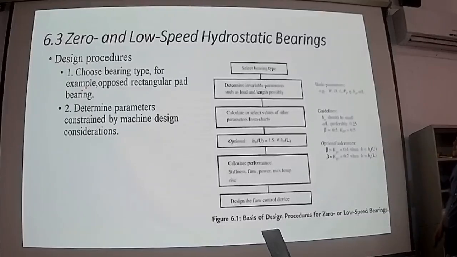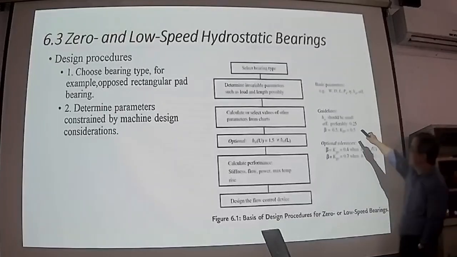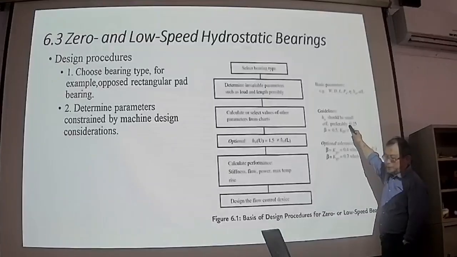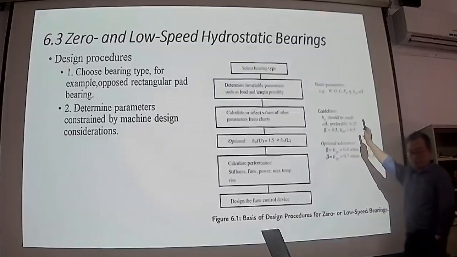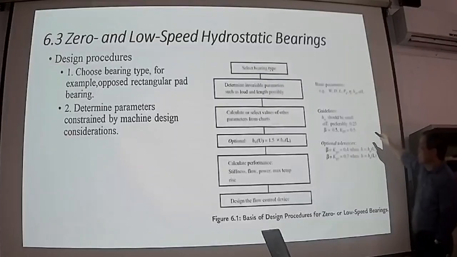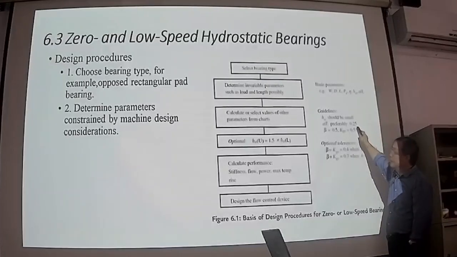The viscosity of the oil is decided by the assembly workers or your manufacturer factory. And this is the very small ratio, so usually we use 0.25 for this one.